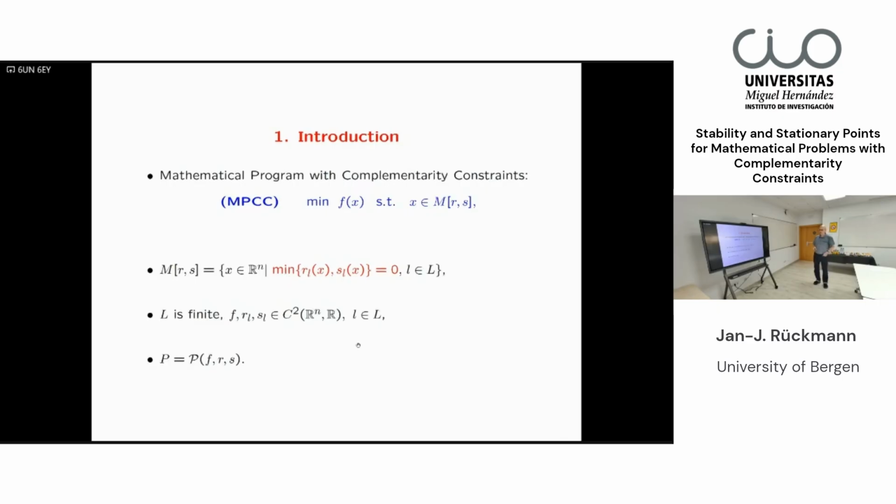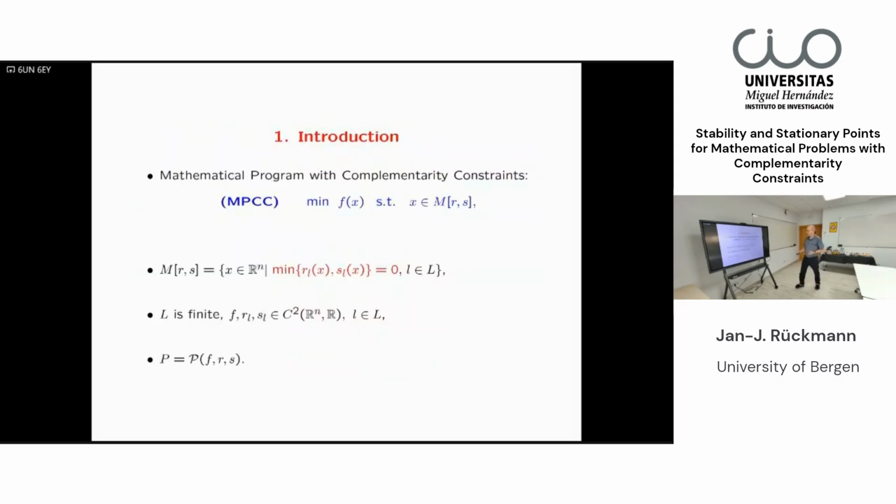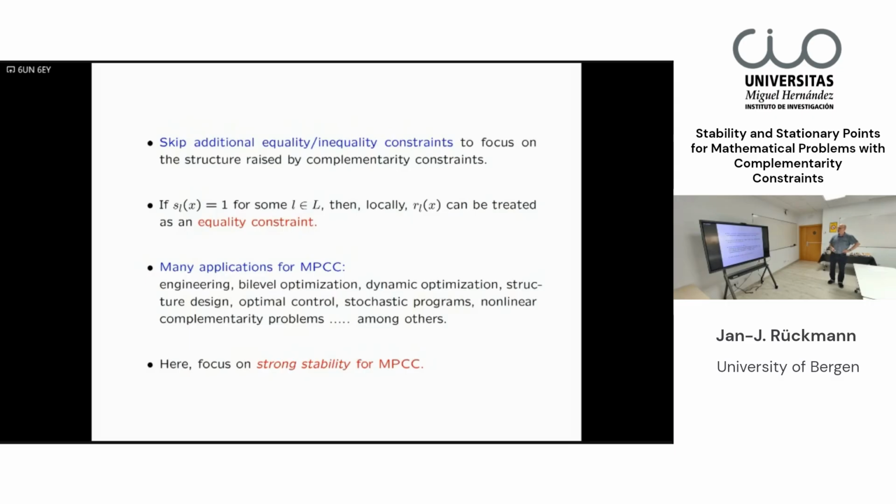Since we are talking about stability properties, we define the problem as depending on the objective function f and then the corresponding constraints. Stability means what happens if we are perturbing a little bit the set or parts of the set of functions.